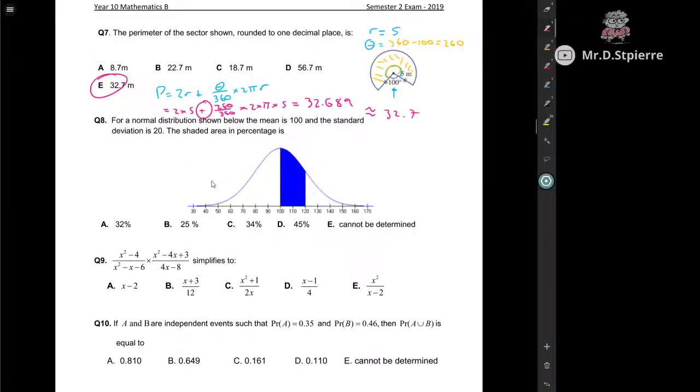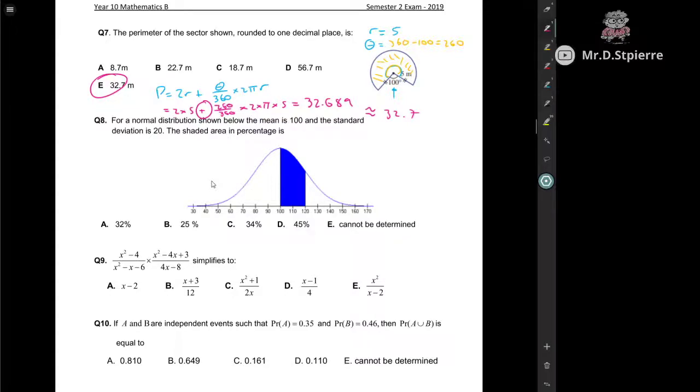Question 8. For a normal distribution shown below, the mean is 100 and the standard deviation is 20. The shaded area, as a percentage, is what? Okay, so this question is looking at normal distributions, standard deviations, and understanding how a population or sample is normally distributed.